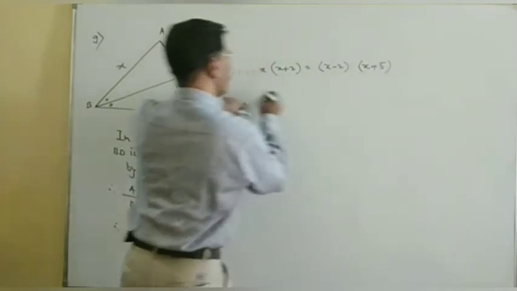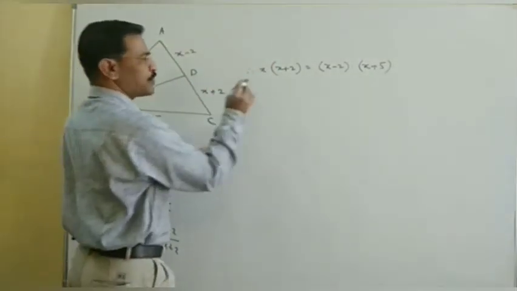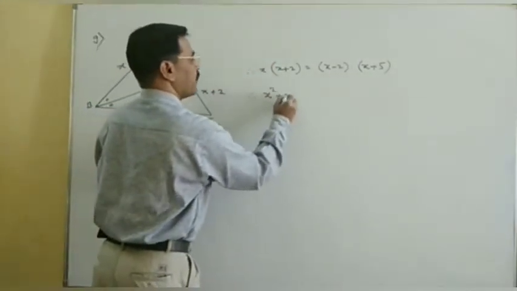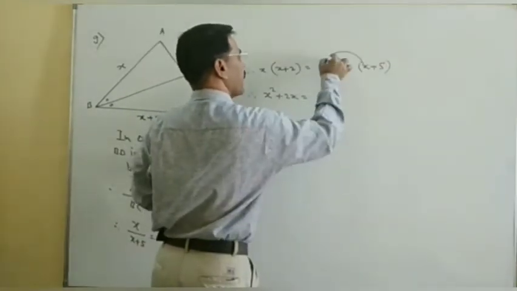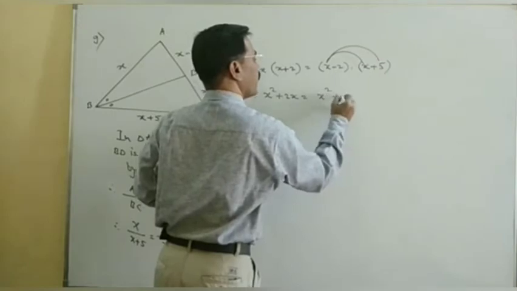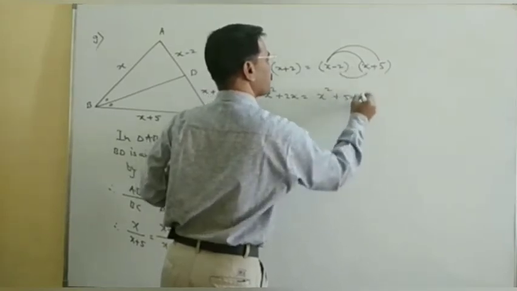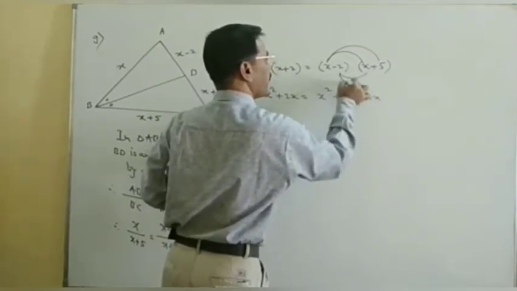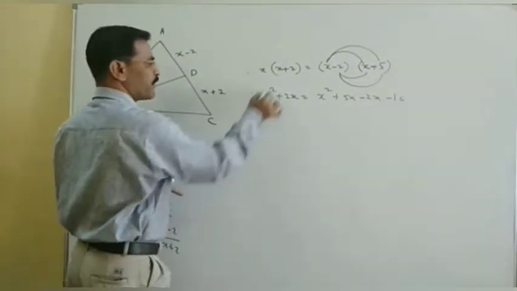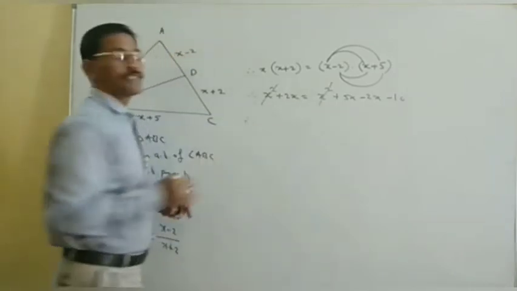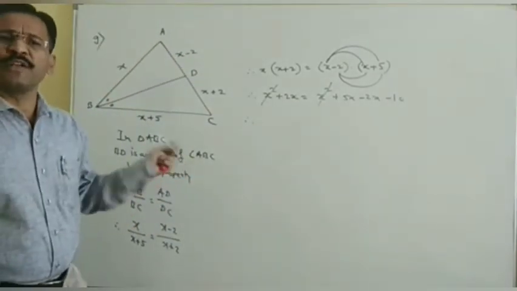Observe here. Now multiply each term. x square plus 2x. This side, x into x, x square, x into 5, 5x. Now 2 into x, minus 2x. Again minus 2 into 5, that is minus 10. By observing here, the x square term is there on both sides, so just cancel that.